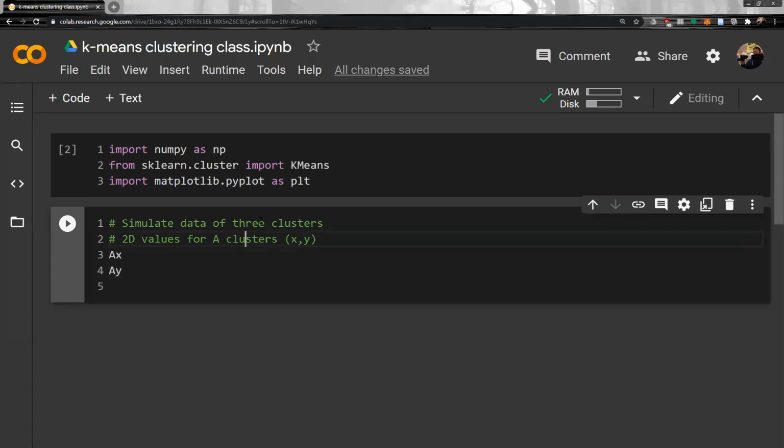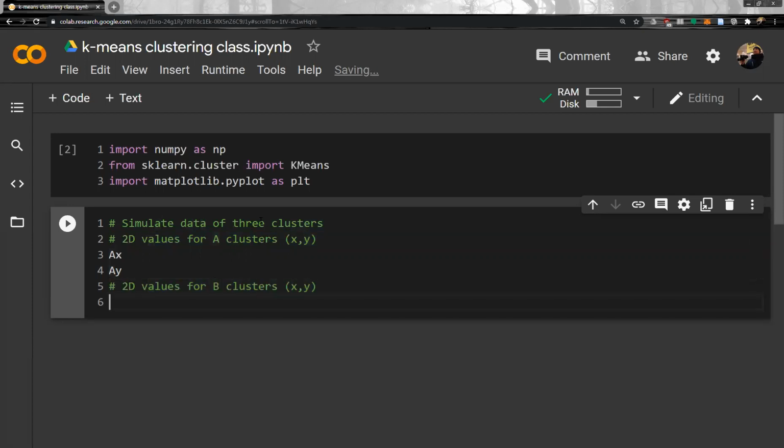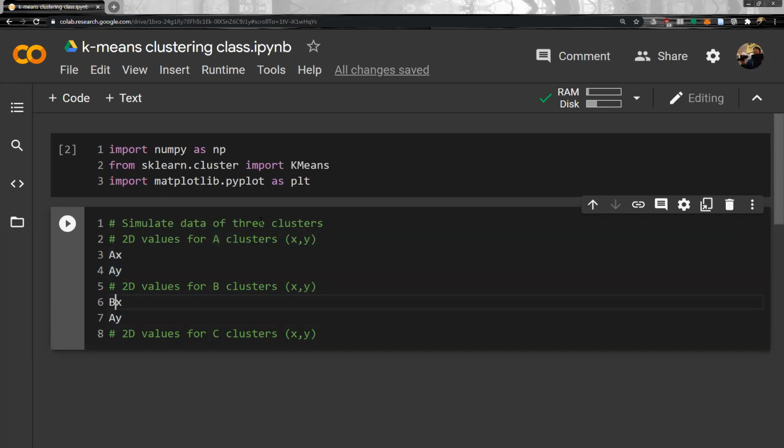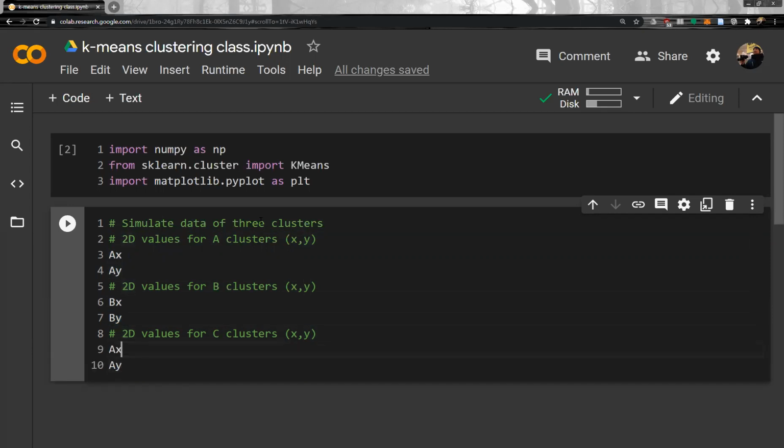And then we will generate 2D values for B cluster and then 2D values for C cluster. So they are the A x-axis and A y-axis, and then the B x-axis value for the B cluster and y-axis value for the B cluster, and then C. So CX, CY.